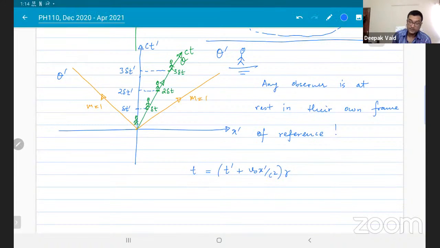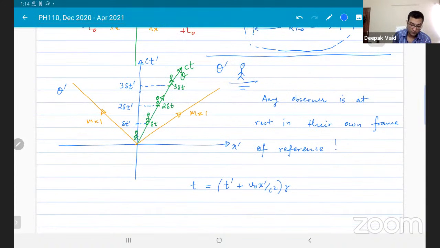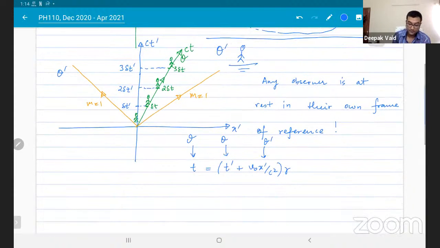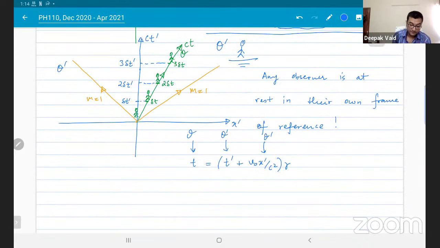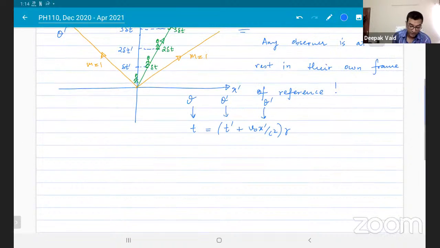So this is the time of the observer O as seen by the observer O prime. And what is the position? X is equal to gamma times (x prime plus V naught T prime).